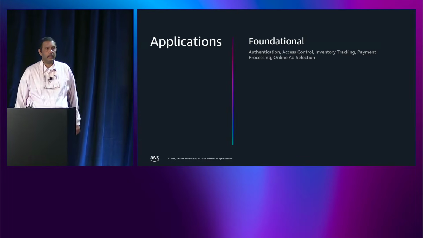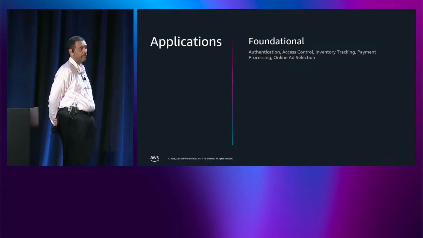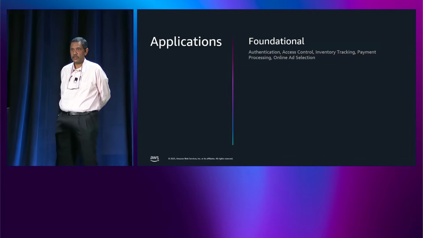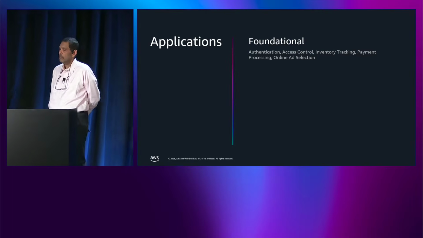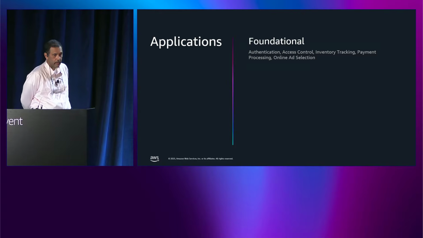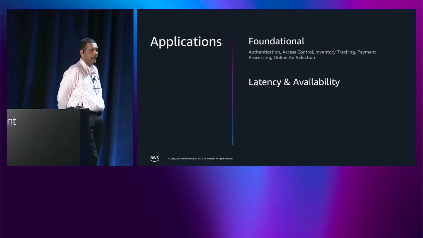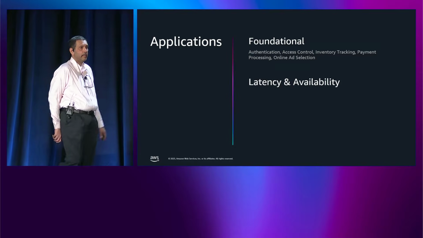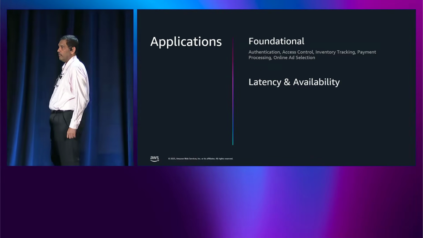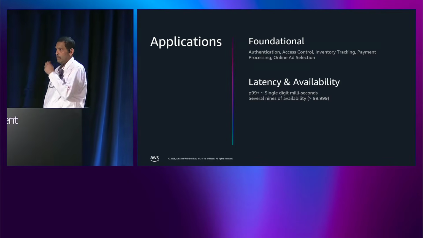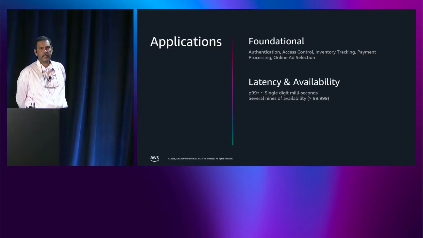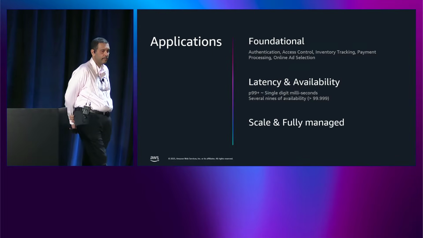The things like your login, the ability for you to connect to a system, inventory management, like most of Amazon.com, AWS runs on DynamoDB. Control plane of most services run on DynamoDB. These are applications where latency and availability are paramount. Predictable, low latency, and very high availability. Well over 5 nines is what we achieve. And most requests are done in single-digit milliseconds.